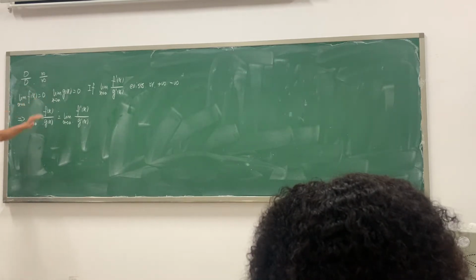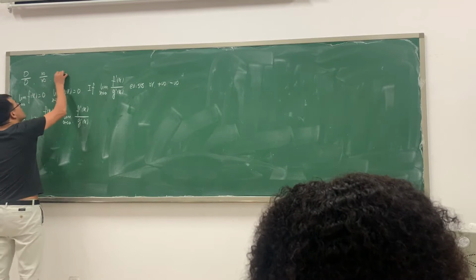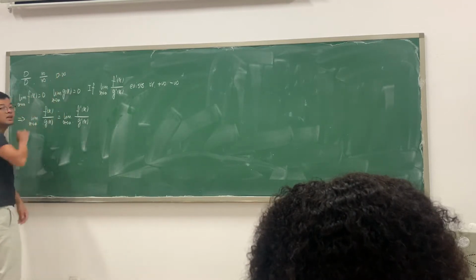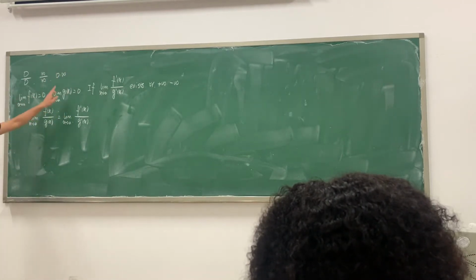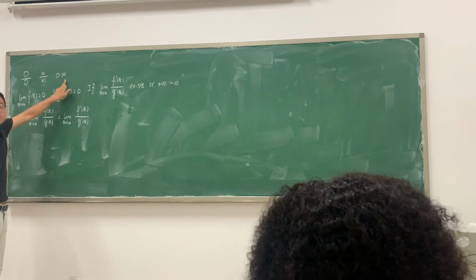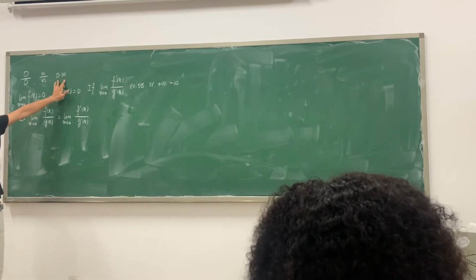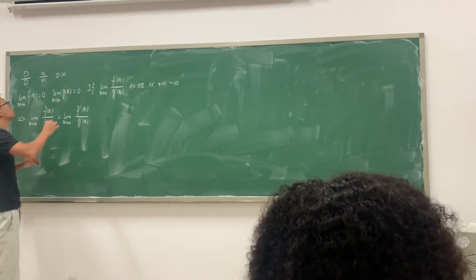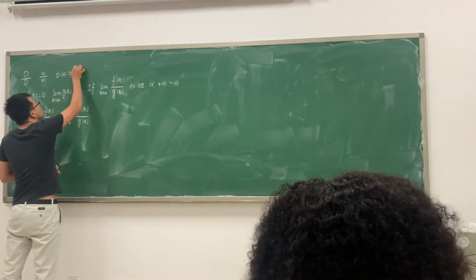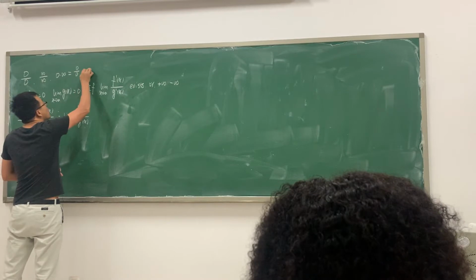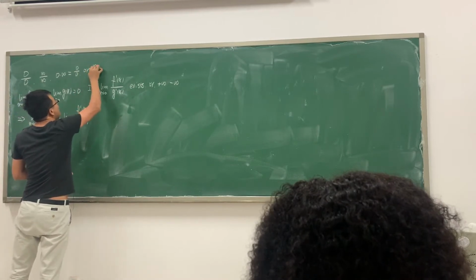And then we have 0 times infinity, yeah? For this indeterminate form, we first need to transform it to 0 by 0 or infinity by infinity.